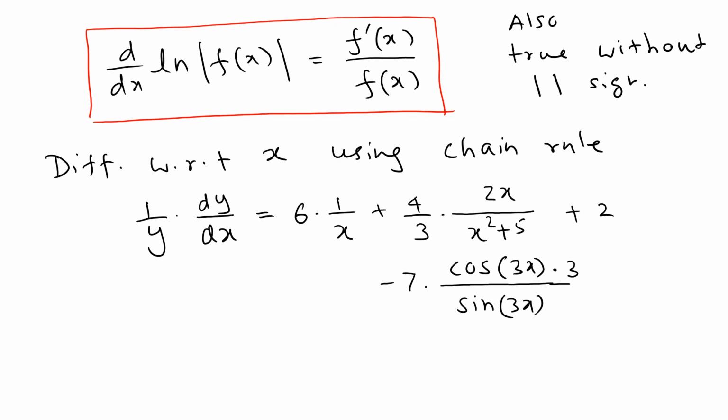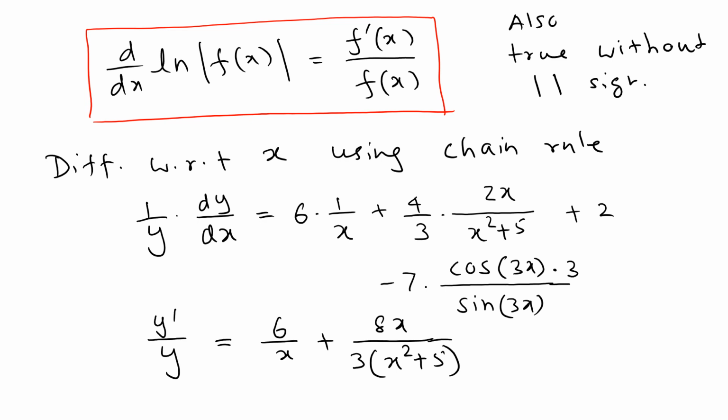Here we can write this side as y prime over y, just to make the calculation simple. This one you can write as 6 over x. Here we can write this one as 8x over 3 times x squared plus 5. And then we have a 2 here. And then what will happen?